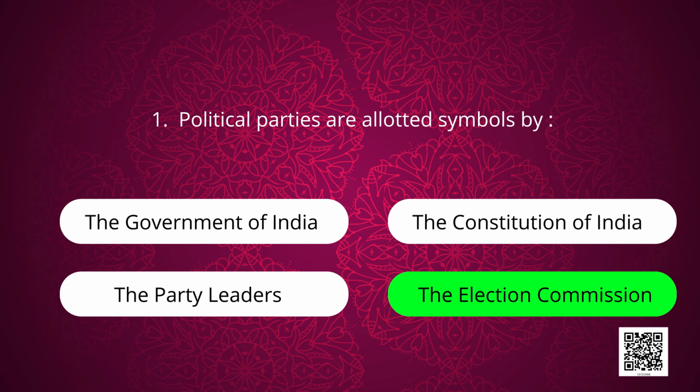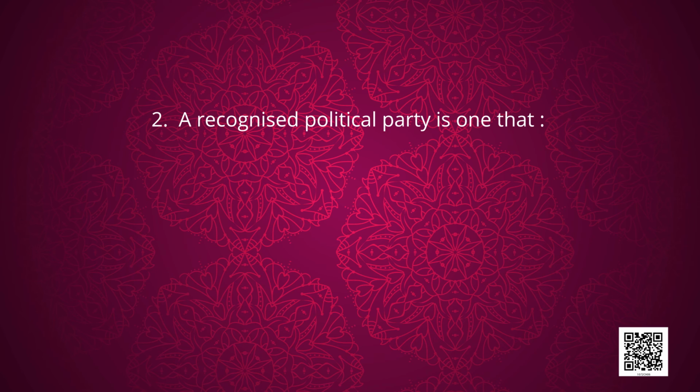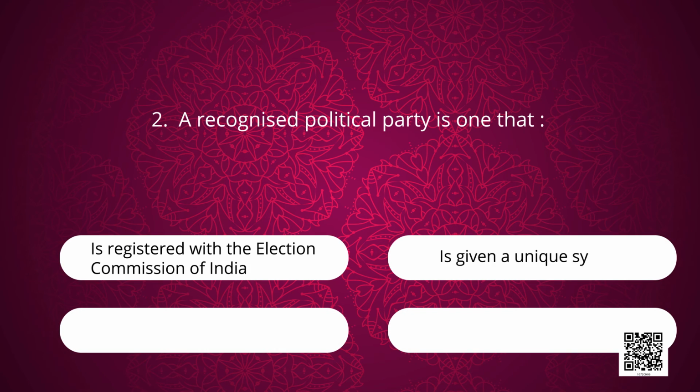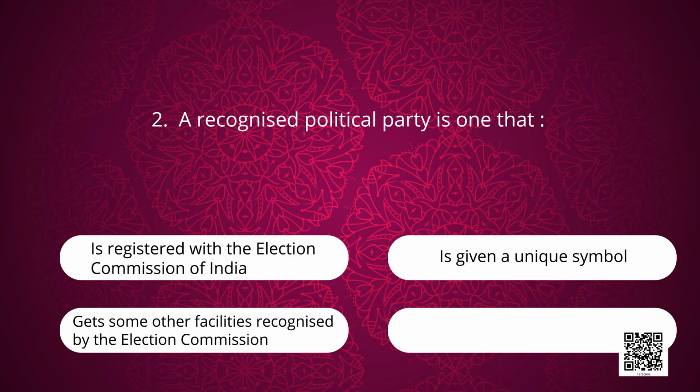Now the second question. A recognized political party is one that, and the options are, is registered with the Election Commission of India, is given a unique symbol, gets some other facilities recognized by the Election Commission, or all of these. And the correct option is all of these. Now the third question.